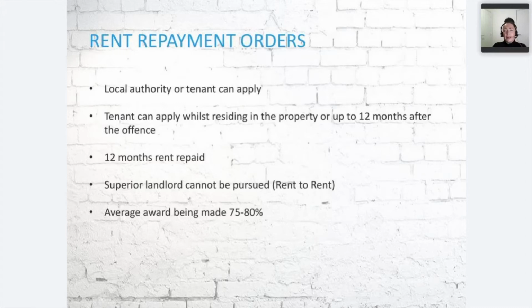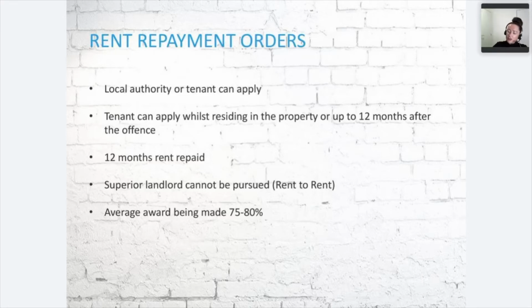Now, let's look at a HMO, right? I had a rent repayment order against one of our landlords, and the rent was £450 a month for a room. The tenant had made a rent repayment application for 12 months worth of rent. There were 5 other rooms in this property. What do you think the tenant of room 4 did? He went and told all of the other 5 what he was doing.